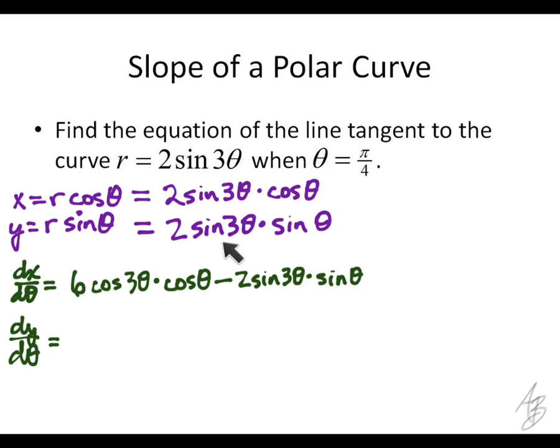So the derivative of 2 sine of 3 theta is what? 6 cosine of 3 theta times the second, which would be sine of 3 theta, and then plus the first, 2 sine of 3 theta, times the derivative of the second, which is cosine of theta.